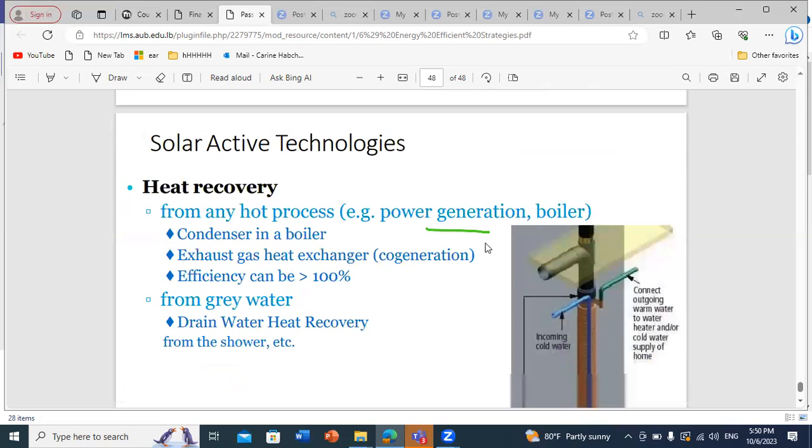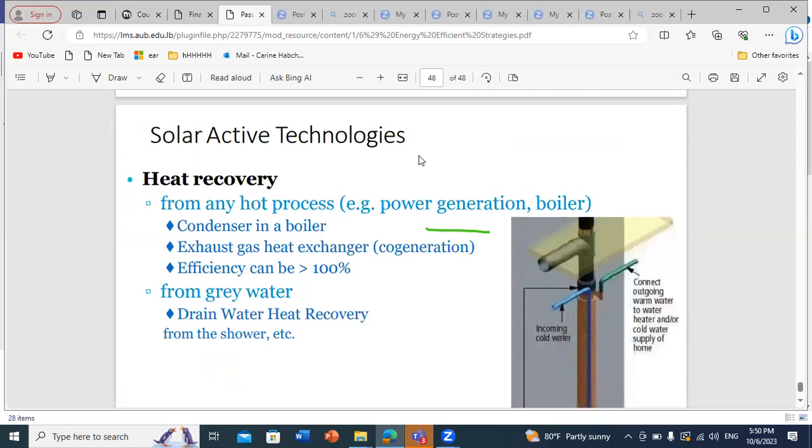And as we mentioned, heat recovery is one of the main solar technologies, because it allows us to enhance the energy efficiency a lot. Whenever we do heat recovery, we can enhance the efficiency of a certain system. So we can use it from any hot process. We can design a heat exchanger that will allow us to benefit from the excess heat, and it will be used in another plant in order to use this heat in a useful way and increase the overall efficiency of the system.